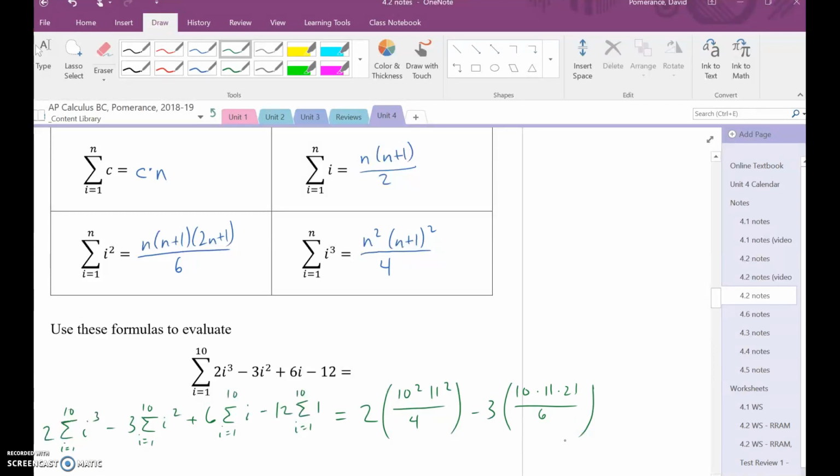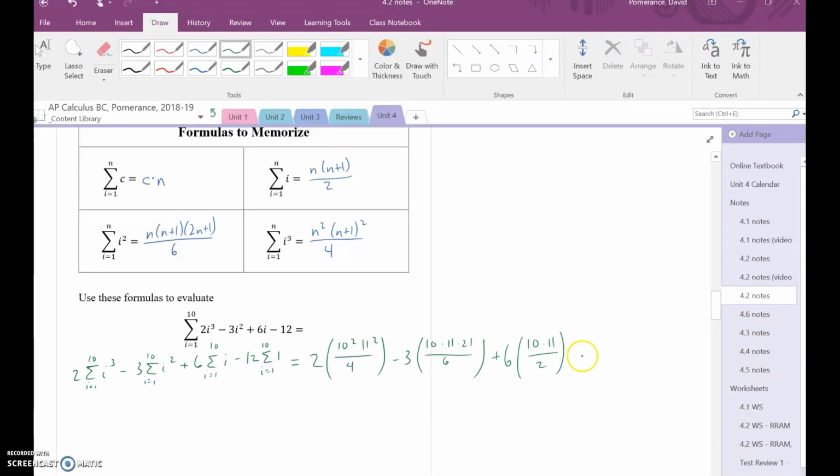And then we've got 6 times our i formula, which is 10 times 11, n times n plus 1, divide that by 2, and then finally we get negative 12 times 10.